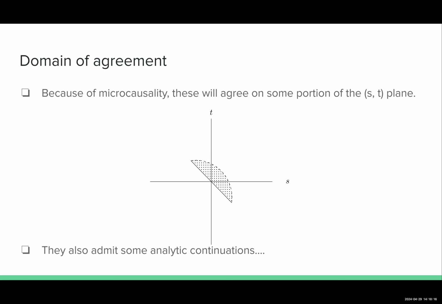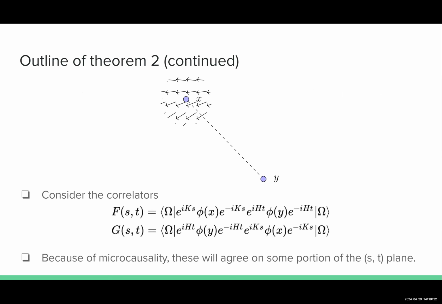Now the cool thing is that these correlation functions also admit certain analytic continuations to complex values of S and T. You're going to get an analytic continuation in S because of this KMS condition we talked about before. That's the key special feature of modular flow. And you're going to get an analytic continuation in T, which has to do with the fact that the global energy is bounded from below. And so you can do some analytic continuation to positive imaginary T.